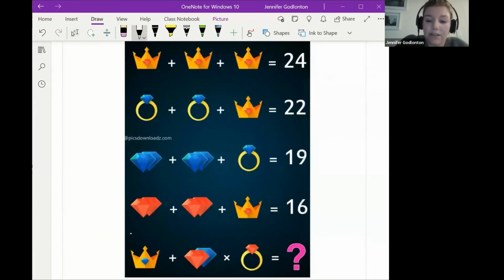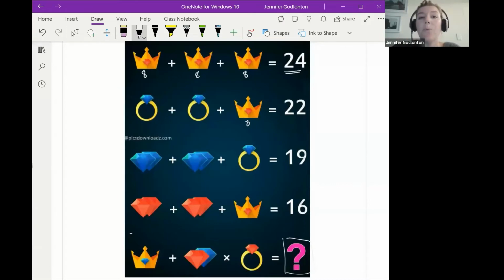Basically, I'm wanting to find out what this final answer is over here. So if I'm looking at this first line, I can see I've got 3 crowns. The crowns are all the same as each other, so they must all be the same, which means each crown must be 8 because they have to equal 24. Okay, so that means that that crown there is 8.